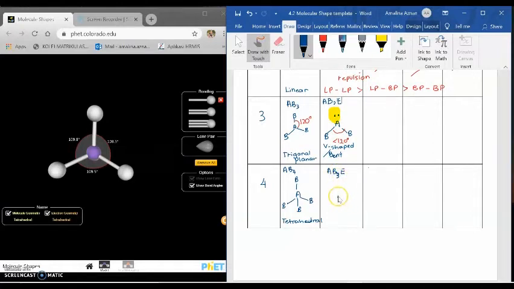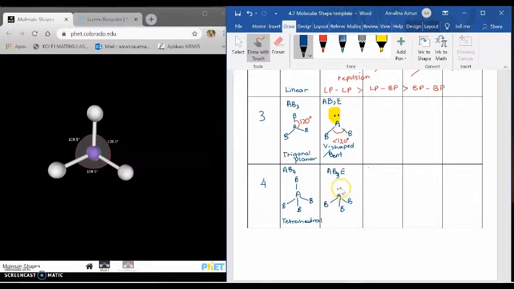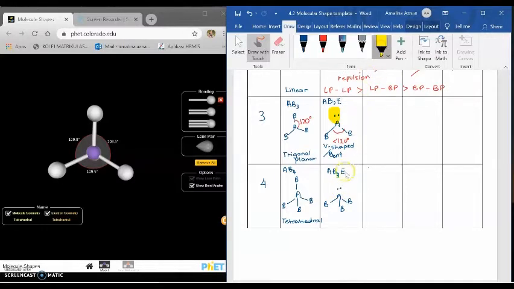So central atom A is bonded to 3 B and 1 lone pair. I substitute with 1 lone pair. So what is this geometry? It will be trigonal pyramidal, right?